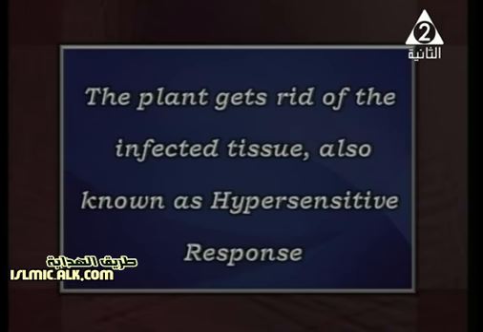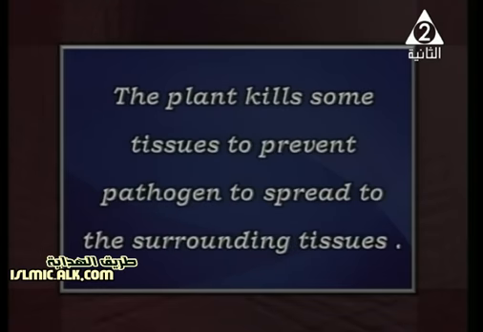Again, when the plant wants to get rid of the infected tissue, we call it what? Hypersensitive. Hyper means increasing. Sensitive, it means that it's very sensitive, like we are going to see. The plant kills some tissue. Seriously, yes, the plant kills some tissue from itself, destroying the surrounding area to prevent the pathogens from spreading to the surrounding tissue.